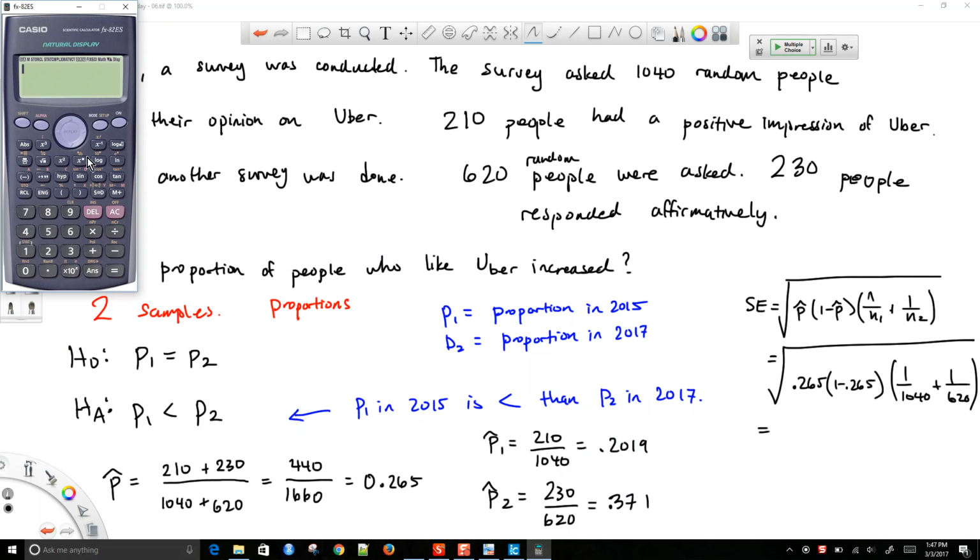To make my life easier, I'm going to do 440 divided by 1660. This gives me a decimal value, 0.26506.